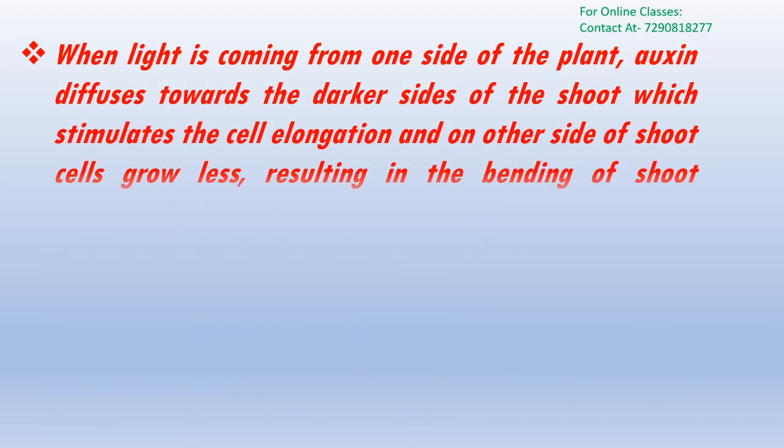When light is coming from one side of the plant, auxin diffuses towards the darker side of the shoot, which stimulates cell elongation, and on the other side of the shoot, cells grow less, resulting in the bending of the shoot towards the light.